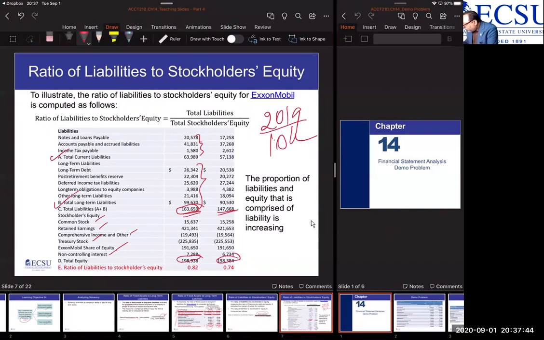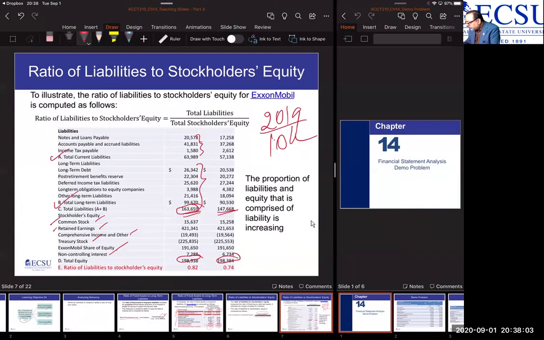All right, so now what does that mean? It means all these figures are basically known to you. Common stock is the stockholders' contribution to the company. Retained earnings is the amount of money a company has made over the years and retained in the business.